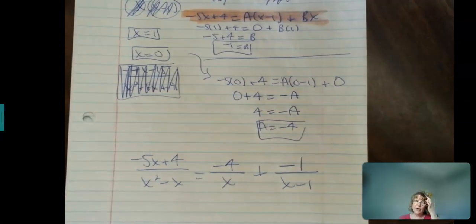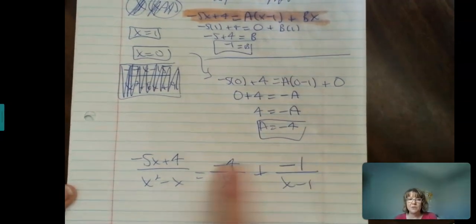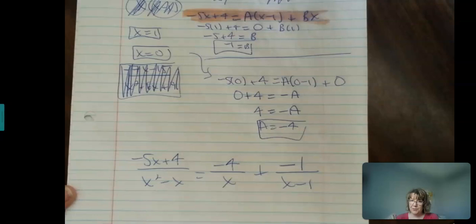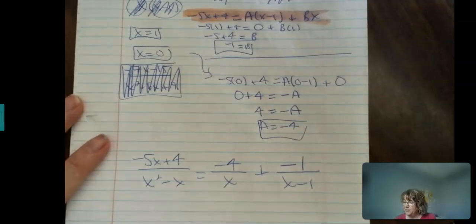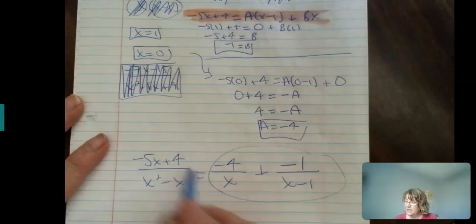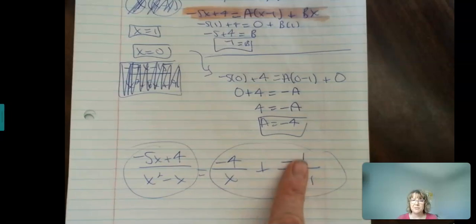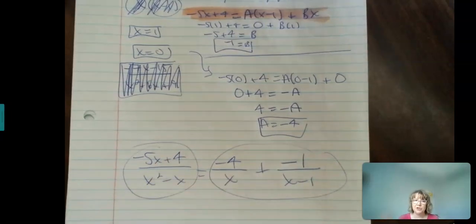If we were to get a common denominator, multiply it all out, do all our math, we would get this as an answer. If you want to check your answer, probably the best thing you could do would be to graph this and see if they look the same. If this plus this equals that on the graph, you should be good. That's an easy one.